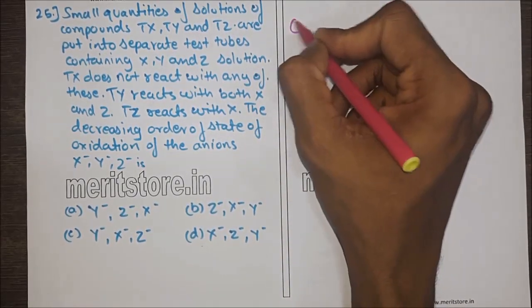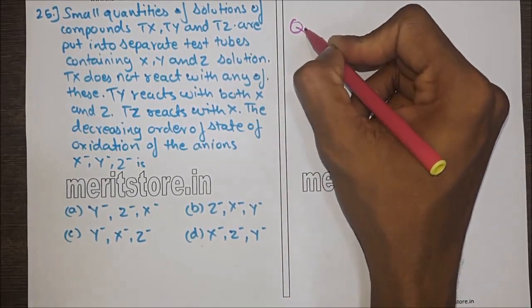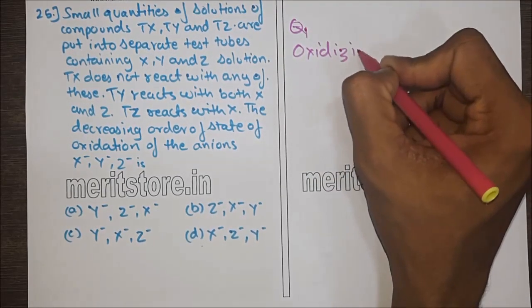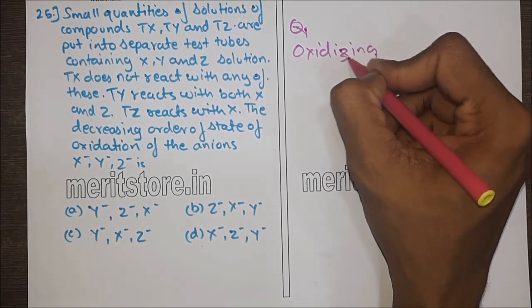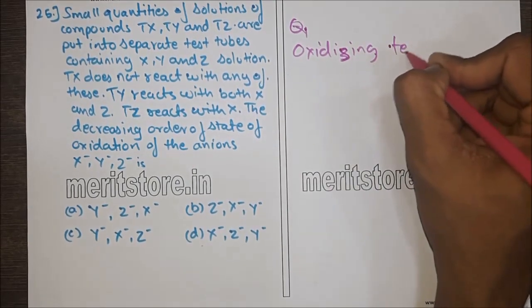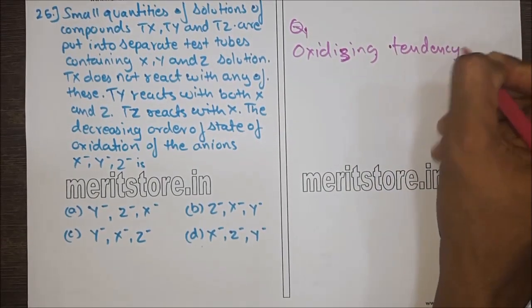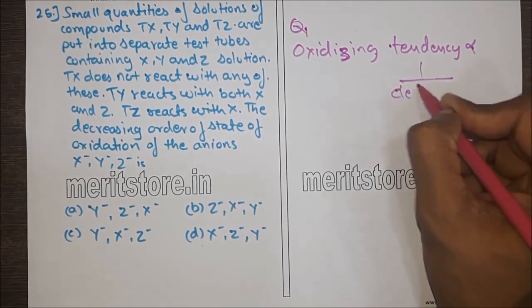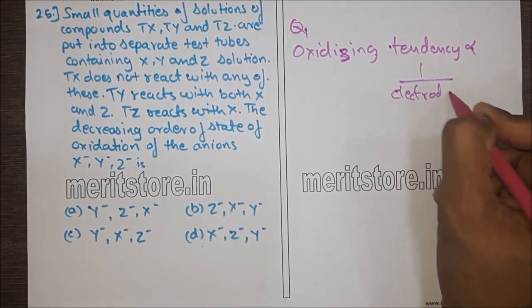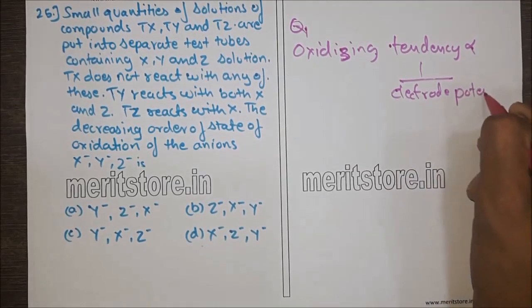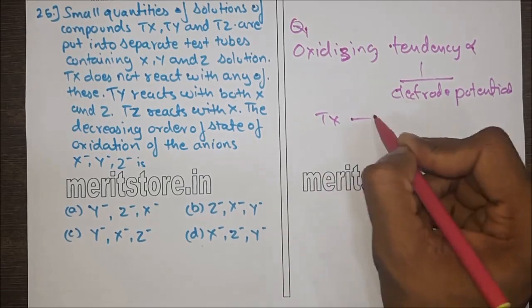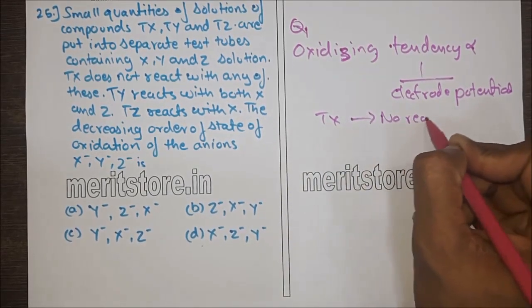Oxidizing tendency is inversely proportional to electrode potential. That is, Tx, no reaction.